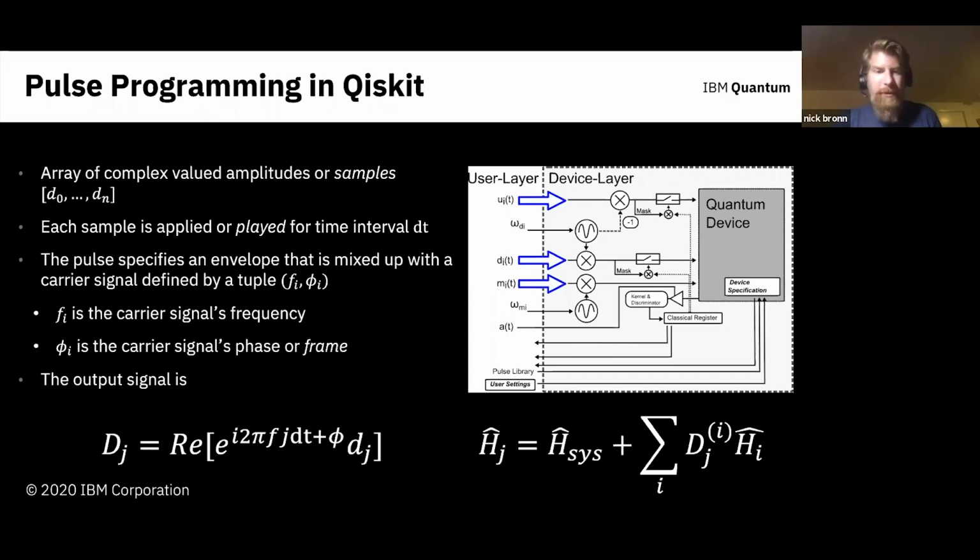Okay. That's a great question. If we were limiting ourselves to cross resonance, it would be the ZX interaction, for example. But really, it's all the interaction terms that you can get out of that Hamiltonian, the driven interactions from that.